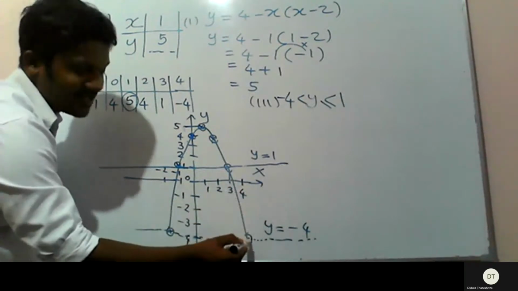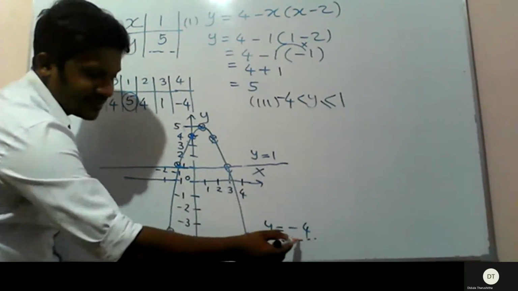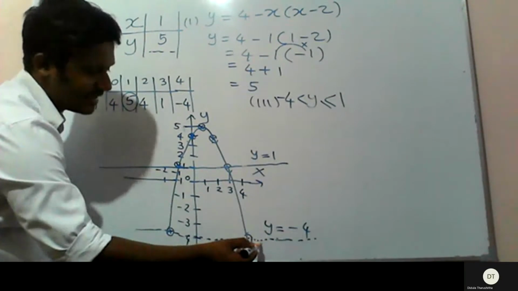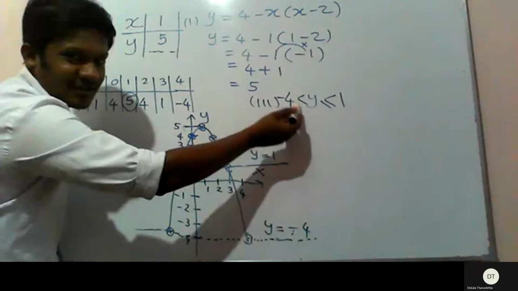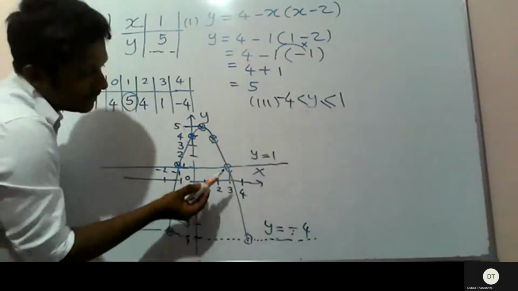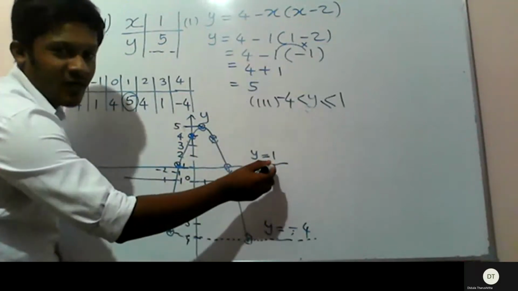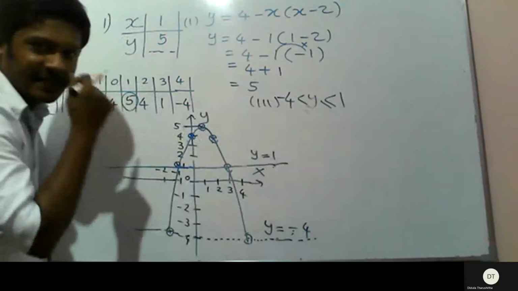But we cannot consider 4 value because you cannot consider this y equal minus 4, because no equal sign. But you can consider y equal 1 because you have the equal sign.